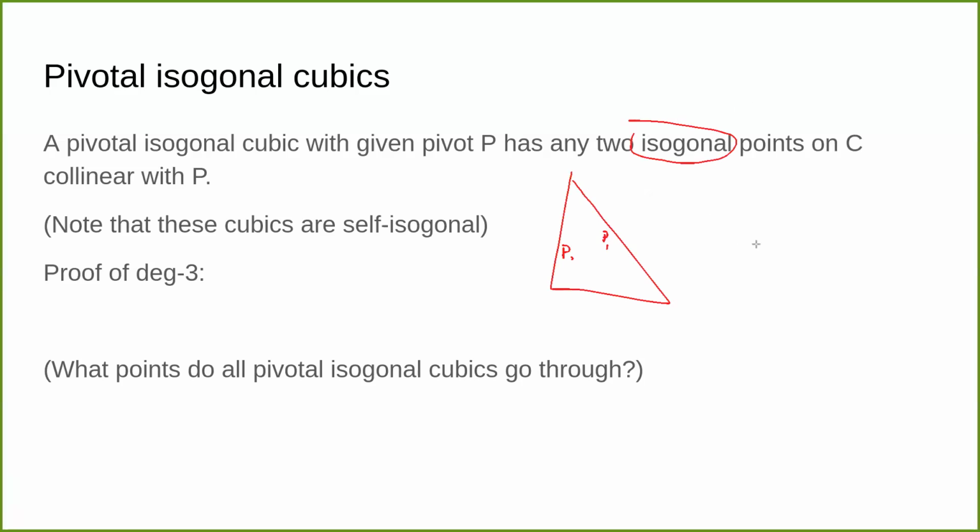So we call two lines isogonal if you have a triangle like this, and these two angles are the same, right? These are called isogonal lines. Isogonal conjugates of points are such that, I won't define it.